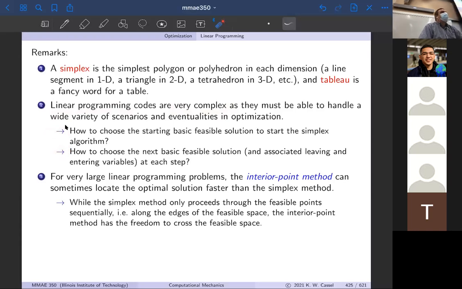So do I go from A to B, or do I go from A to E? How do I make that decision? So that's the next big thing. And of course, that determines the associated leaving and entering variables that are coming into my non-basic set and leaving the non-basic set. So there's a lot of programming that goes into making those two decisions.